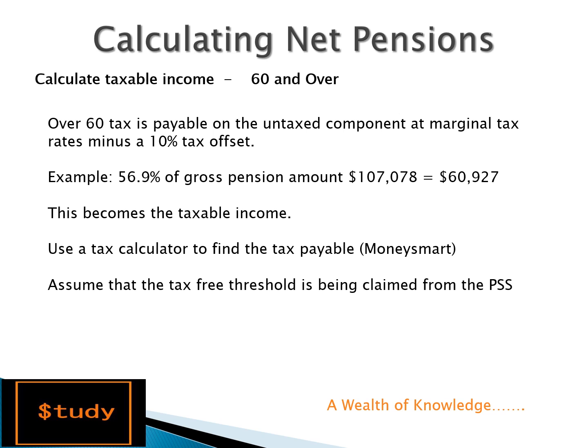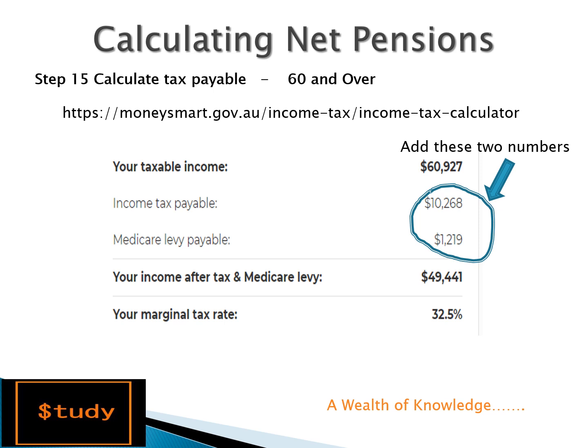And so we are assuming, like I said in previous sessions, we're claiming the tax-free threshold from the PSS. We're trying to maximise our benefit from the PSS. So we're going to use a tax calculator, assuming this scenario, to find out how much tax we would have to pay if we had a taxable income of 60,927.